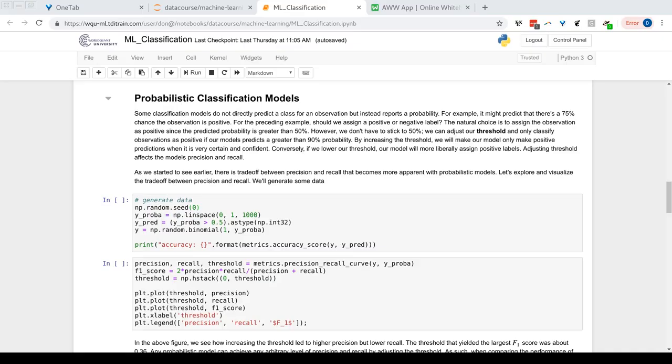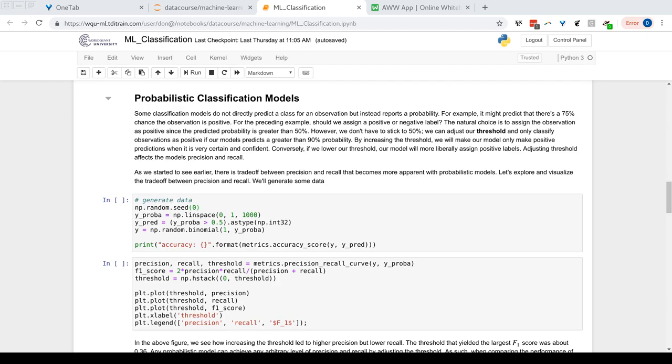But what if I want to be very precise or be very certain that whatever images run through my model, if they say it's a cat, that it's really indeed a cat? That 75% perhaps isn't high enough for me. For whatever application I'm doing, it's not high enough. And I'm going to say, unless that probability is greater than 90%, I'm not going to say it is a cat.